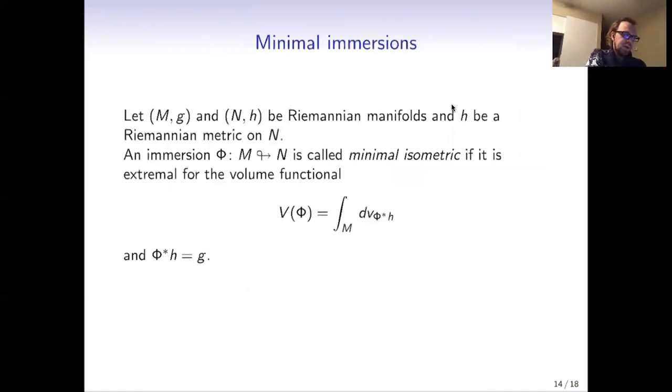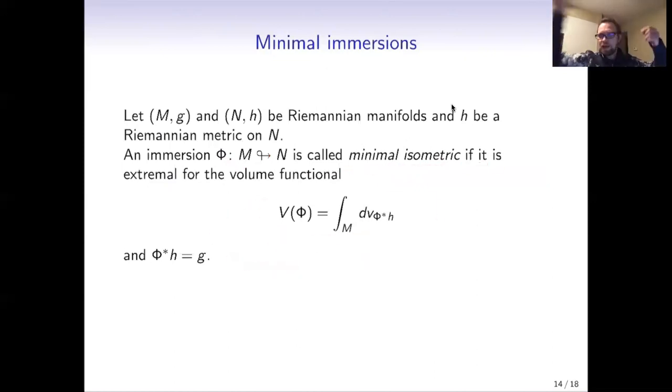If you have two Riemannian manifolds, I will not define it intrinsically, I will define it via the map. Oftentimes minimal manifolds are defined just intrinsically, but I want to attach a map to it because that's how they appear in this context. So the immersion of M to N is called minimal isometric if it's extremal for the volume function.